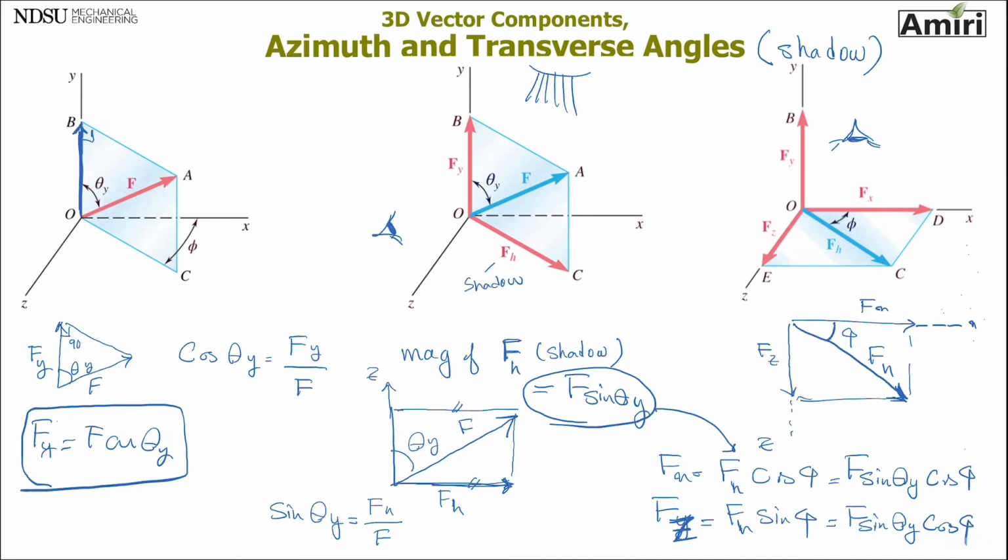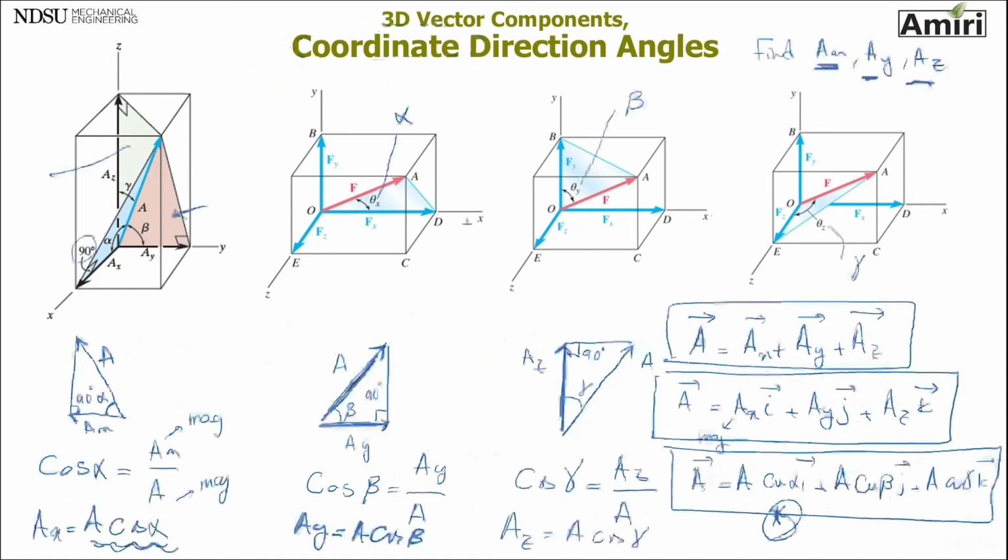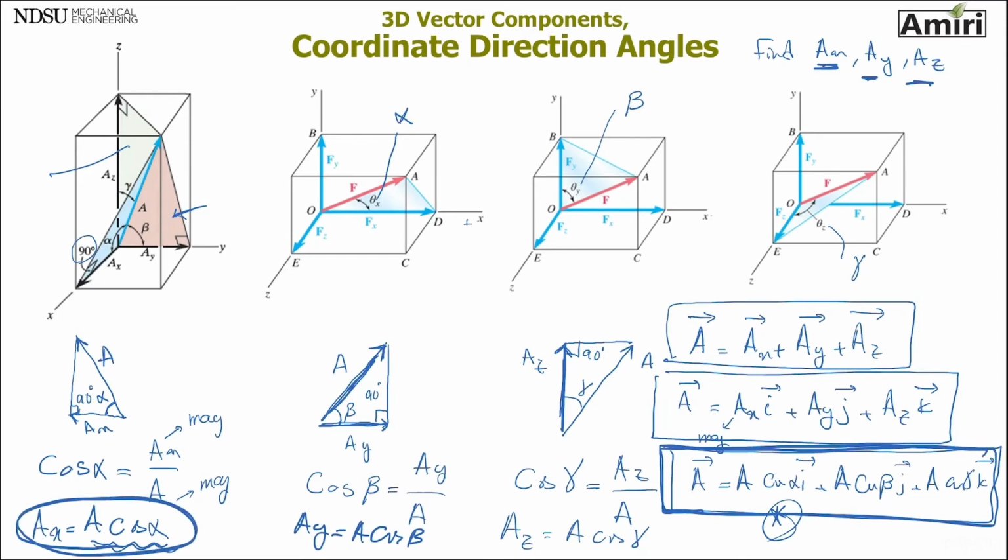To summarize and simplify it, if you have coordinate direction angles, meaning you have alpha, beta, gamma, the angle that A makes with every single axis, then you can simply put it in this equation, which is A cosine alpha, A cosine beta, and A cosine gamma, and find the components.